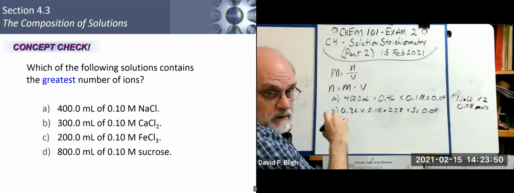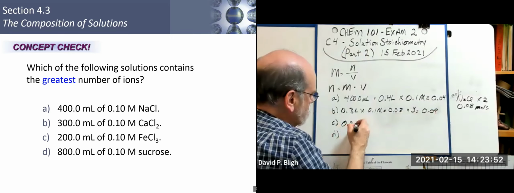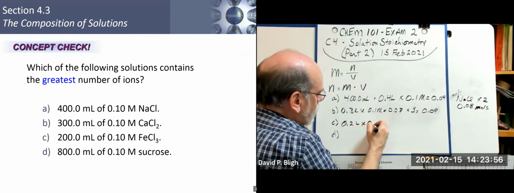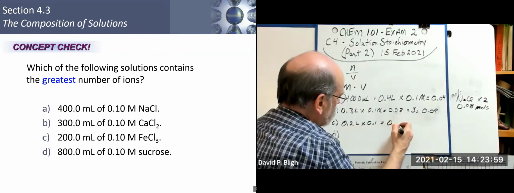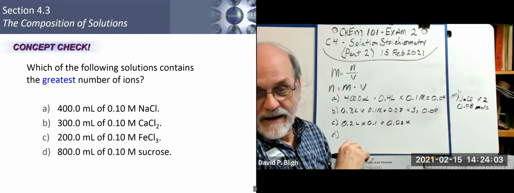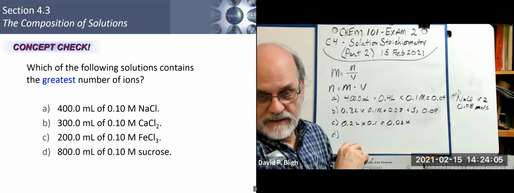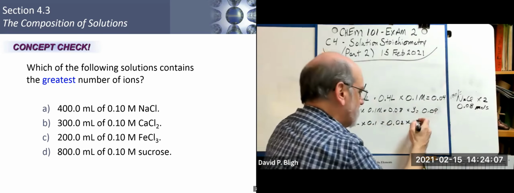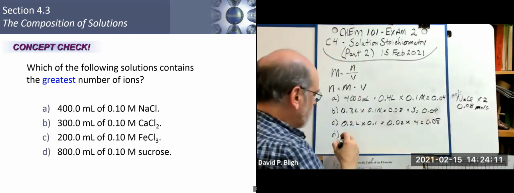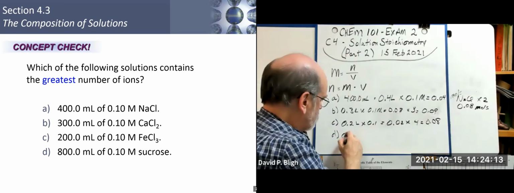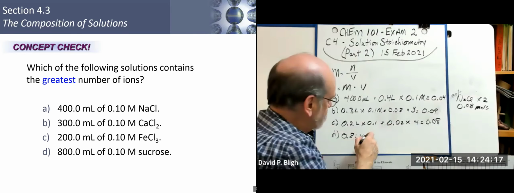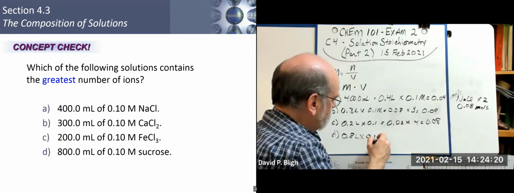This one, 0.2 liters times 0.1 equals 0.02 times iron 3 chloride makes 4 ions, 0.08. And then the last one, 0.8 liters times 0.1 molar.